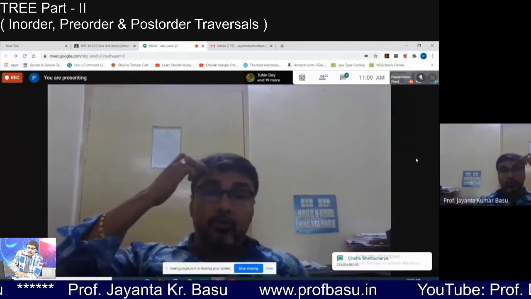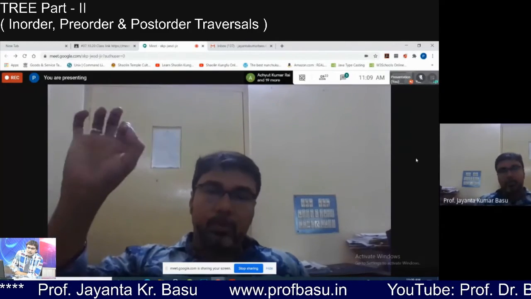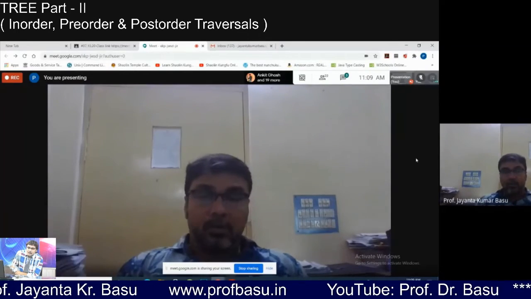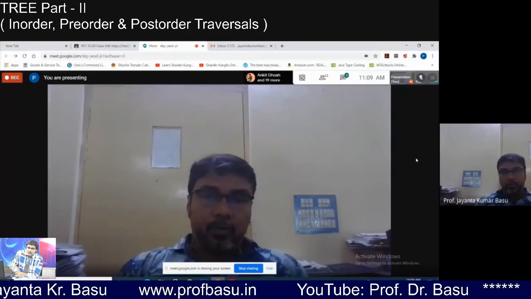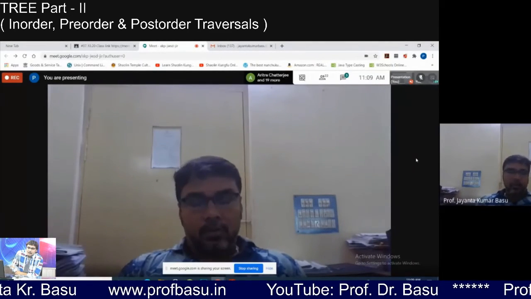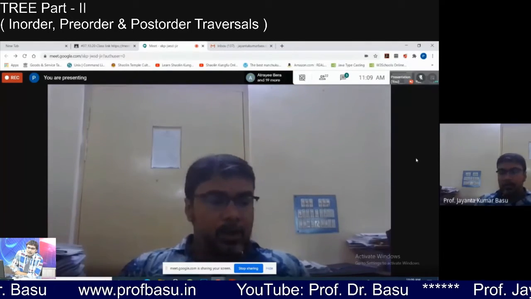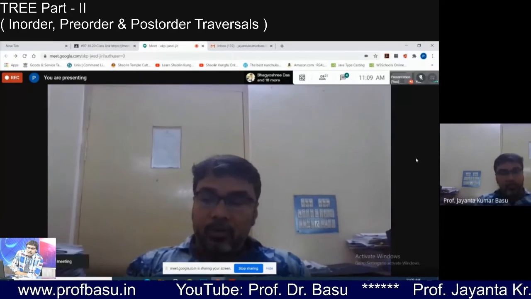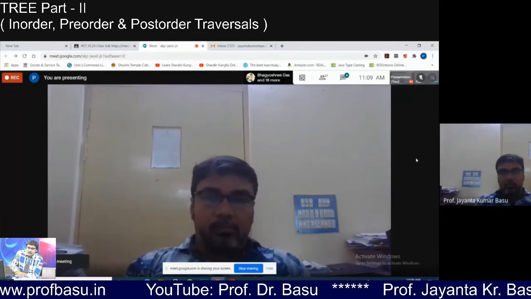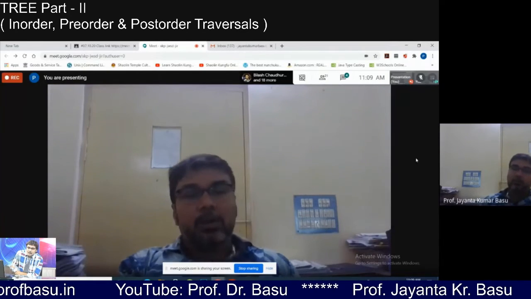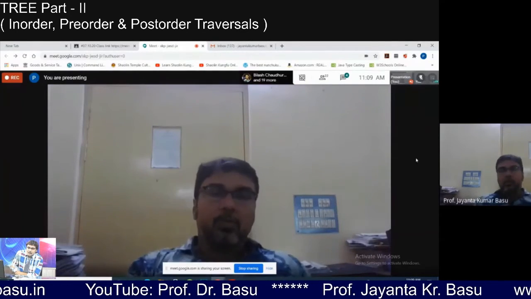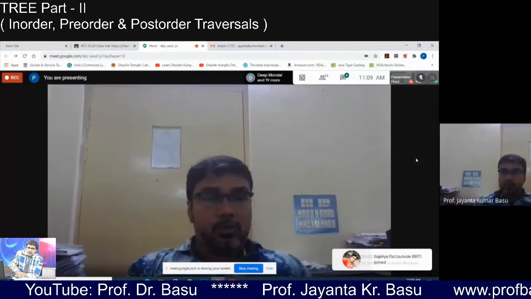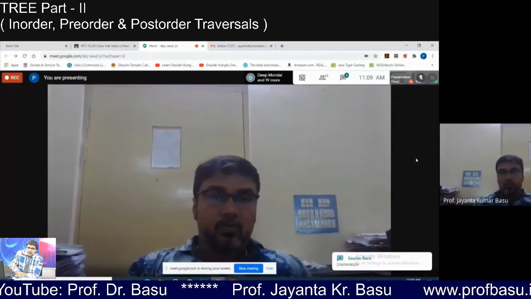So for that also we have to reach that node. Always we have to start traversing from the root. Since it is a non-linear data structure, there are some specific techniques maintaining which we can traverse a tree. Mainly, there are three types of techniques. One is in order, another is pre-order, and the third one is post-order. Let's discuss all these techniques one by one.